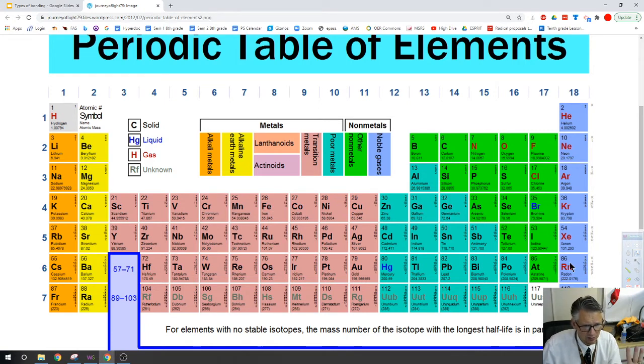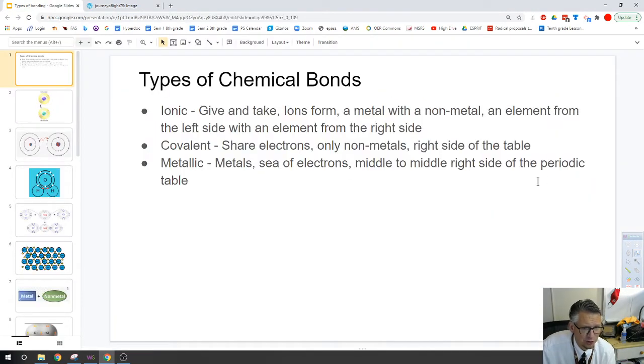They have the right number of electrons. So if it's ionic, it's going to be something from the left with something from the right. Normally it's groups 1 and 2 combining with 6 and 7, or it could be 1, 2, and 3 combining with 5, 6, and 7. But it's a give and take type of situation.